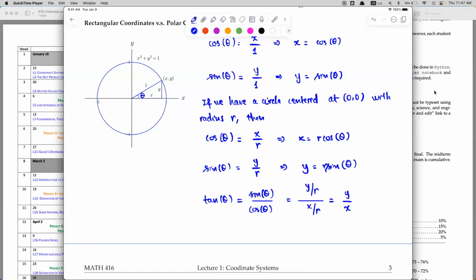So in a way, we relate the rectangular coordinate system to the polar. From here, we can derive one more formula, related to the Pythagorean theorem.